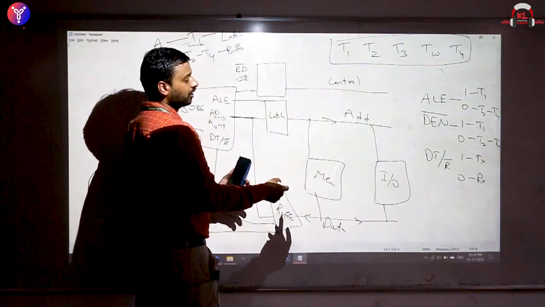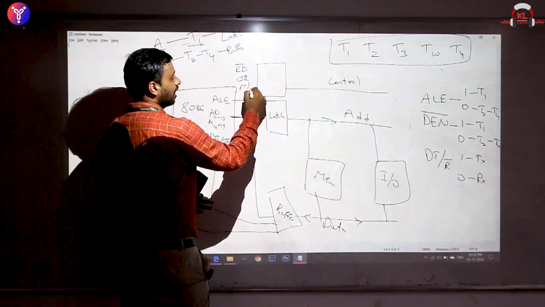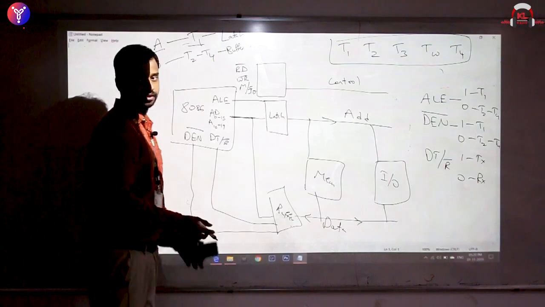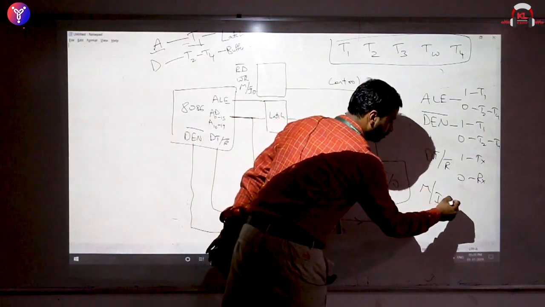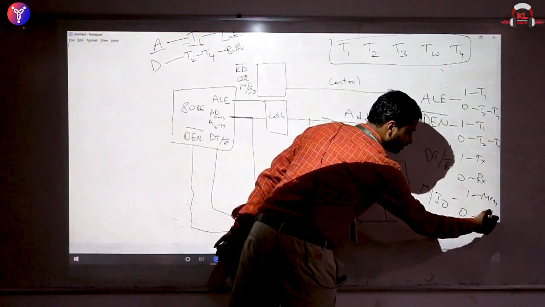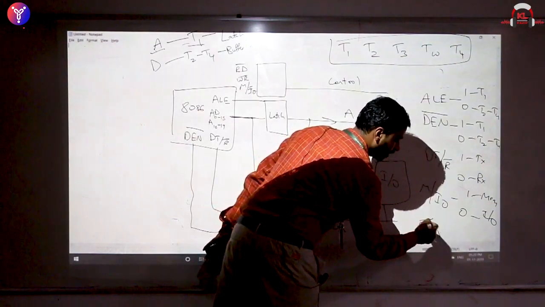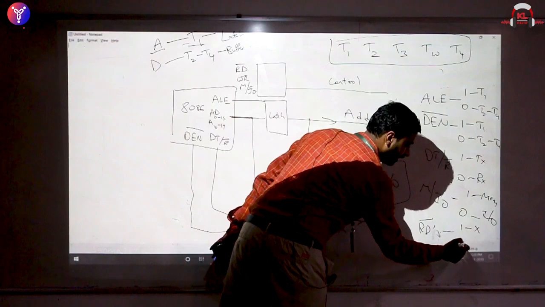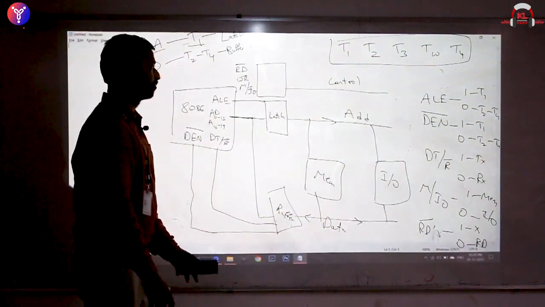So how do you figure out whether you want to select a memory or an IO device? That is where a pin called M by IO bar comes in. If it is 1, it is memory. If it is 0, it is IO. Similarly, RD bar: 1 it is not reading, 0 it is reading. So is WR bar.